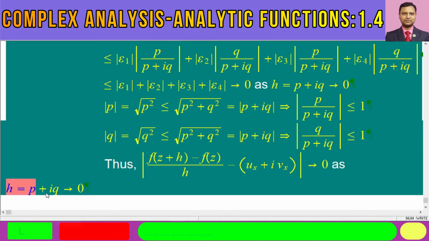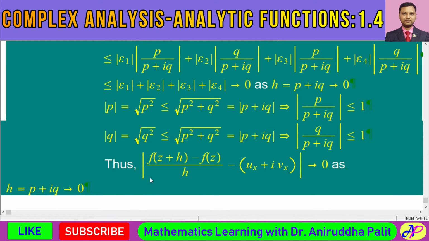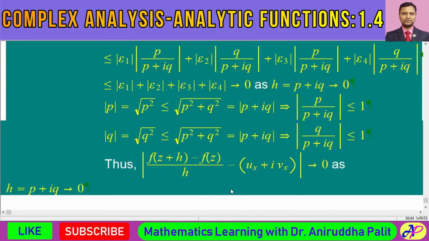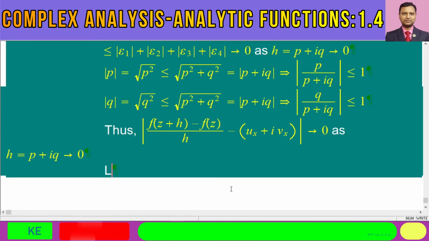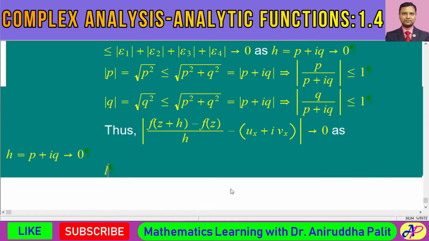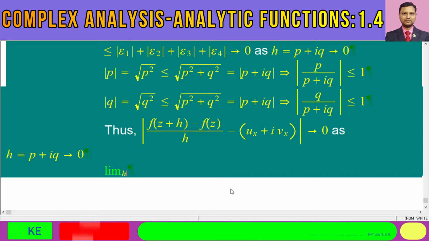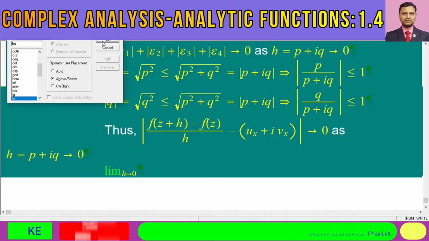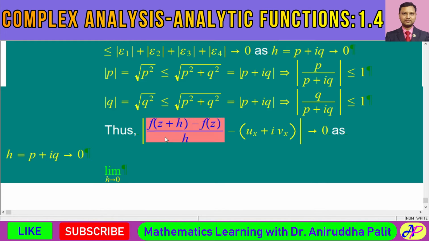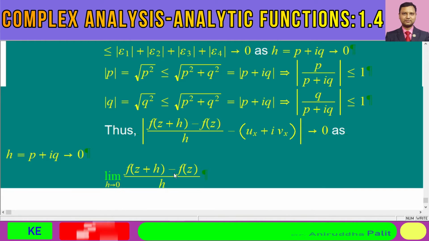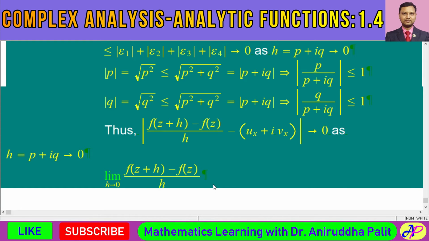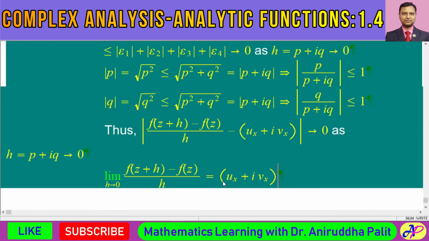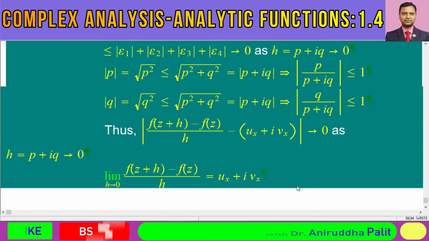What does it mean? It means that the limit, let me write it in this fashion, limit h tending to 0 of f of z plus h minus f of z divided by h exists and is equal to ux plus i into vx.